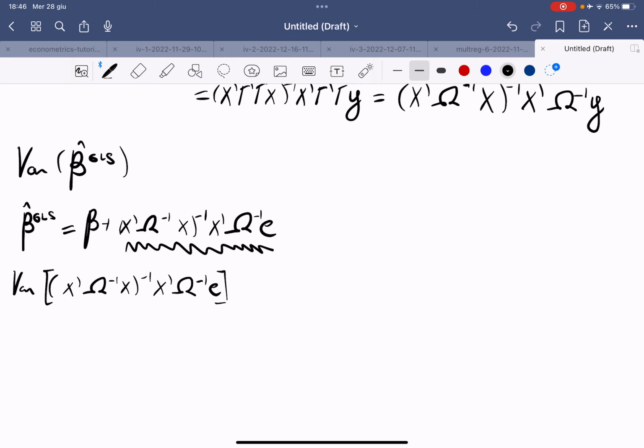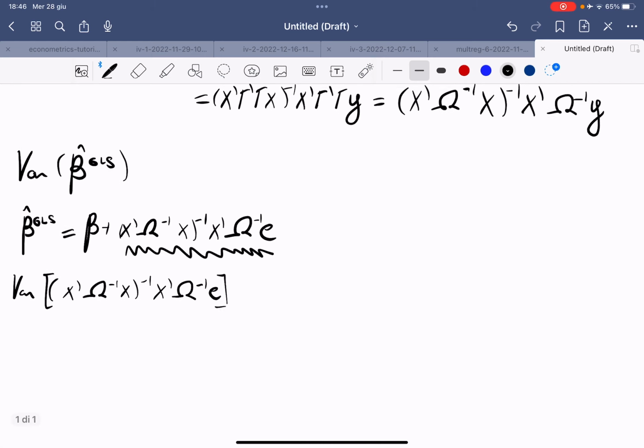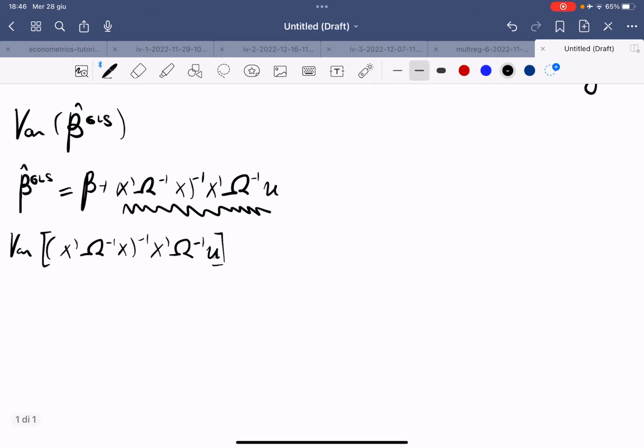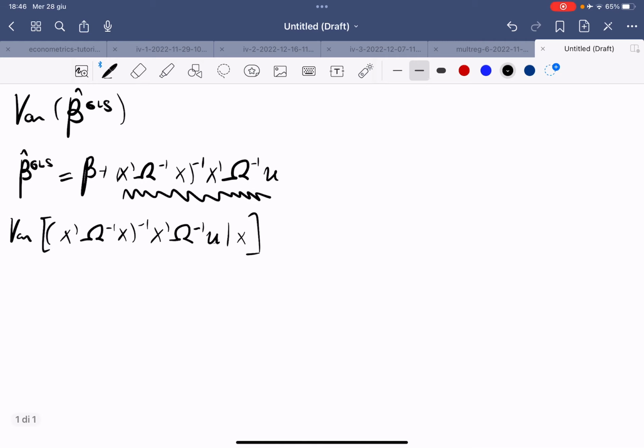Now let me substitute e with u as we said in the beginning. Since the variance is conditional on x, the x's will be taken out, as well as the omega.